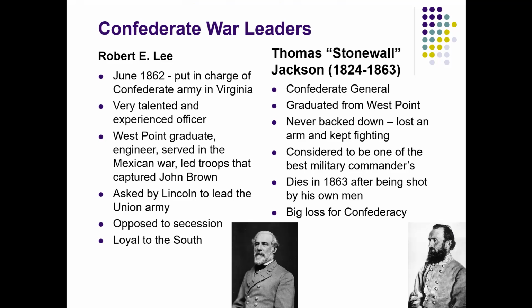This was a very difficult choice for him. He either had to choose to be a traitor to his country or to his state. Ultimately, he loved Virginia and did not want to attack his home state, so he chooses to be the leader of the Confederate Army, considered to be a very good military leader throughout the Civil War.